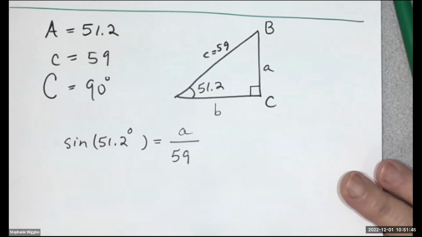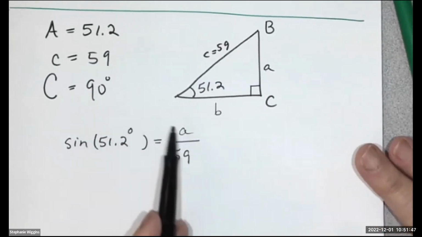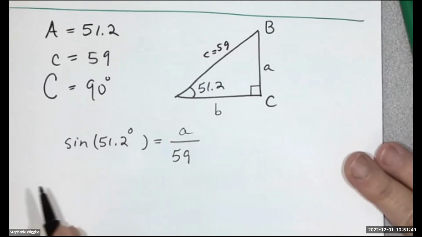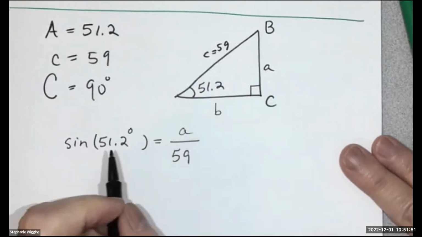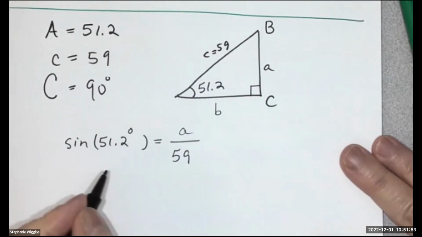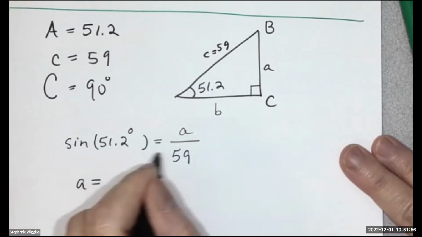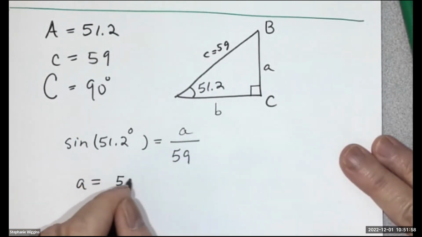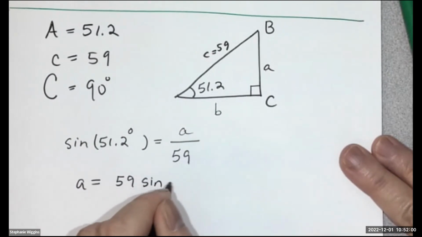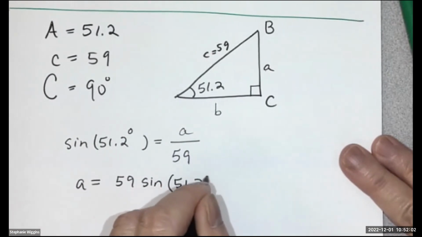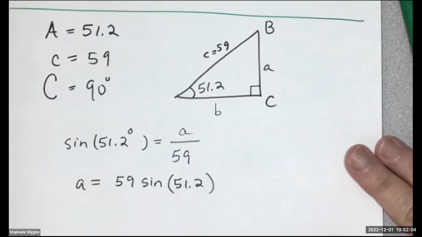Okay, so again, you have this equation that relates 3 pieces of information together. One of them is unknown, and you just solve by cross multiplying. So you get A equals 59 times sine of 51.2. And then you're going to use your calculator.